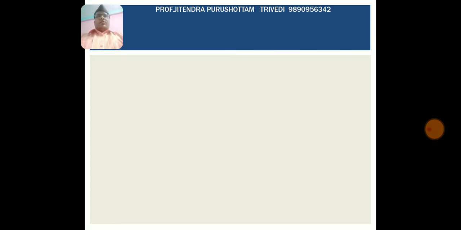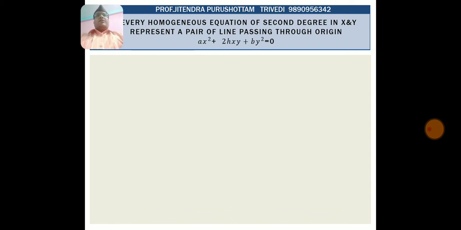Now, today we study the theorem of pair of straight lines. That is, every homogeneous equation of second degree in x and y represents a pair of straight lines passing through origin.